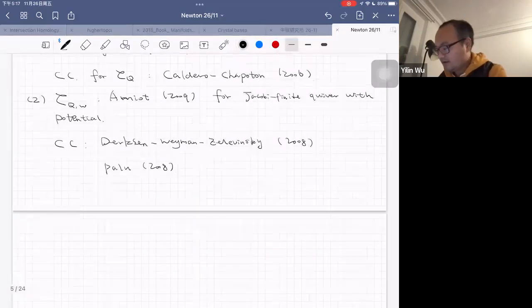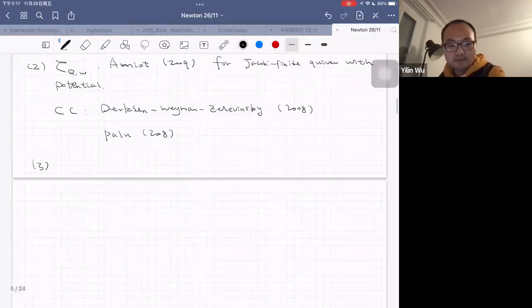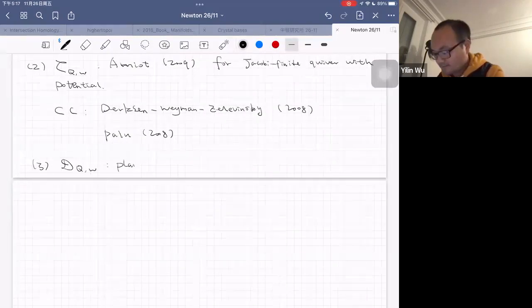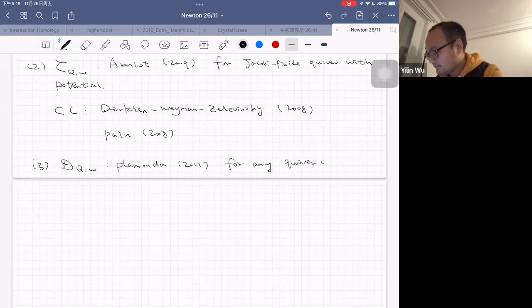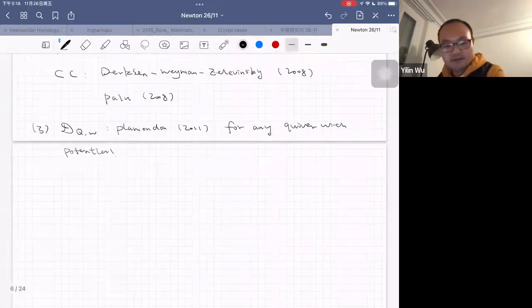Later, for the Jacobi-infinite case, the category is considered by Plamondon in 2011. We consider any quiver with potential, in particular the Jacobi-infinite case.